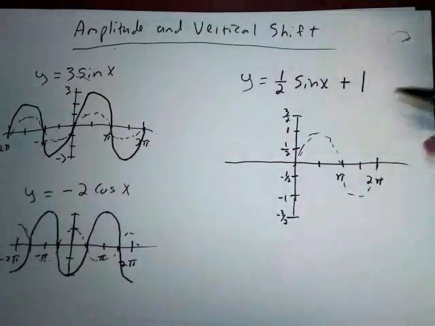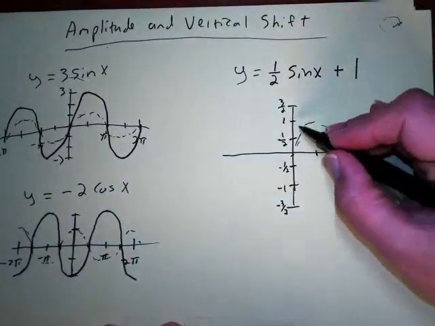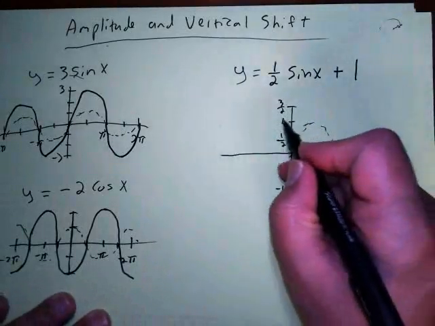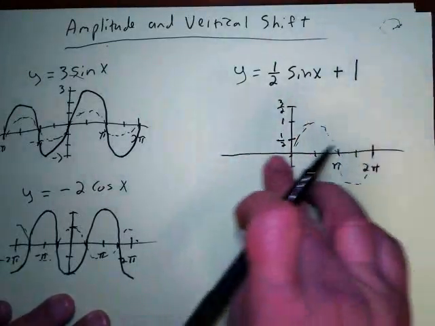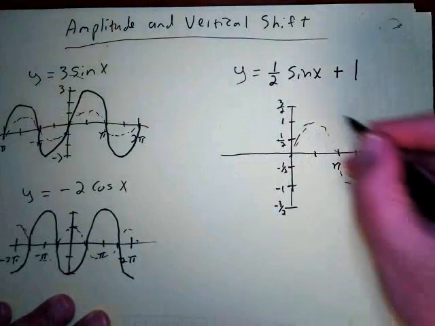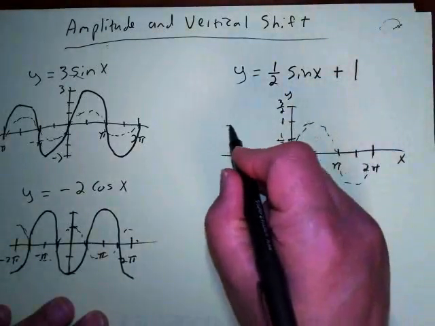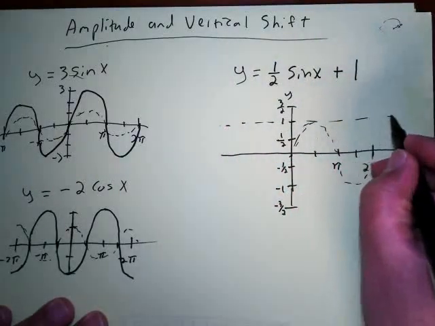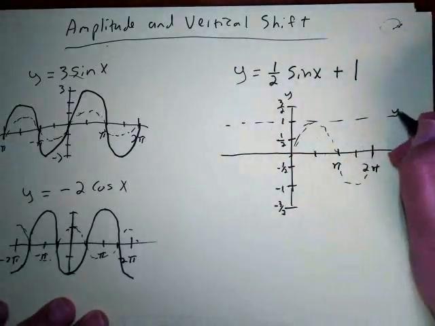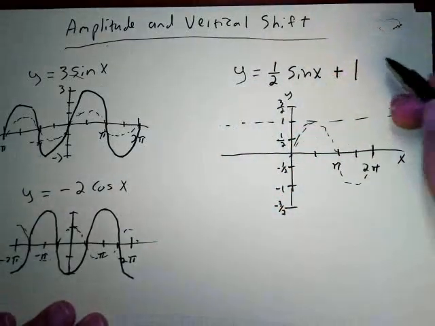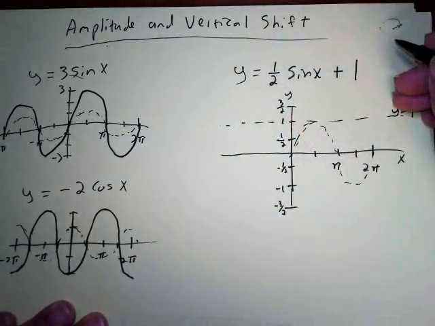Okay? But this 1 here is also going to move it up. So it's going to move the whole wave up 1. So this oscillates about the x-axis normally. Okay? So this is going to oscillate around the line y equals 1 because the whole graph got moved up 1 unit. And the amplitude is going to be 1/2.